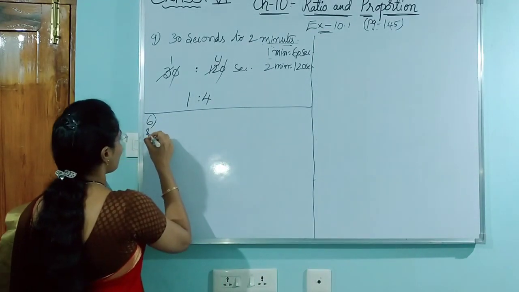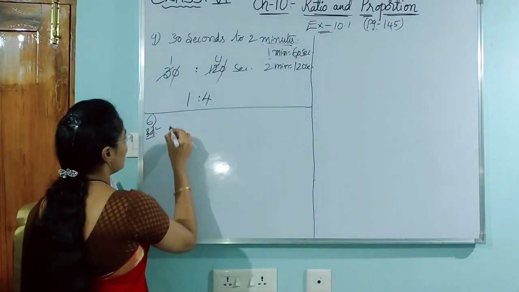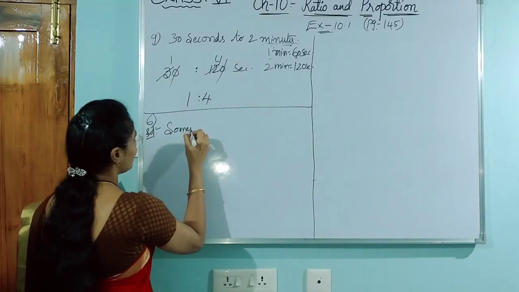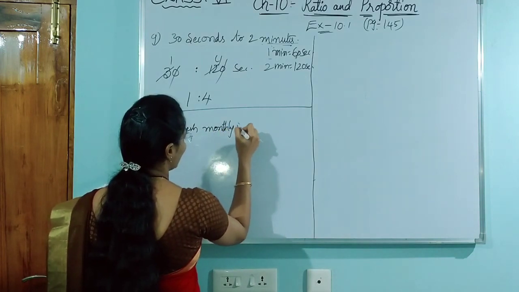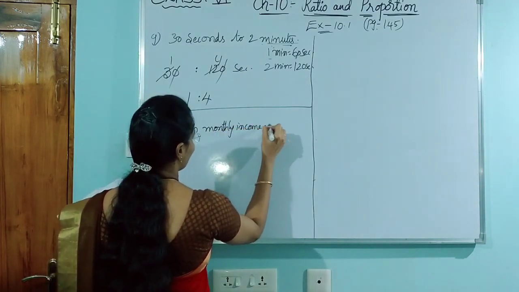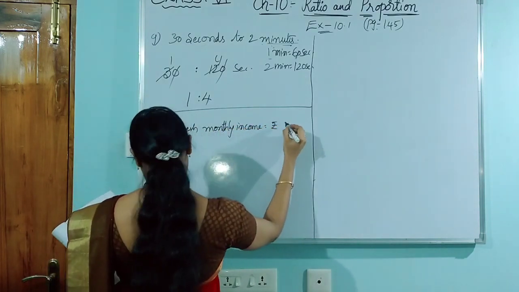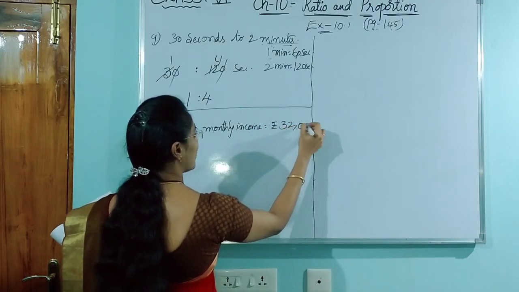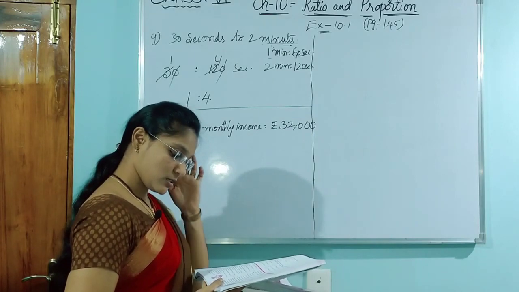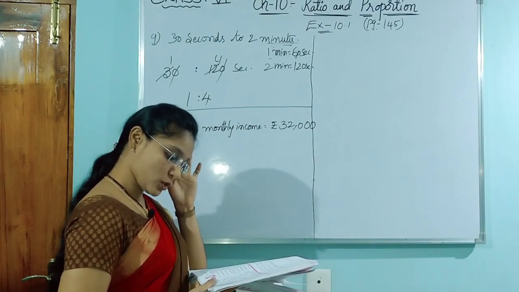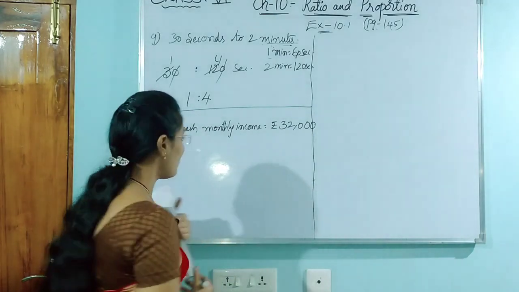Okay. Sixth question solution. Somesh monthly income. How much rupees? 32,000. Step 2. He pays 15,000 as monthly installment of the housing loan. Okay, monthly installment.